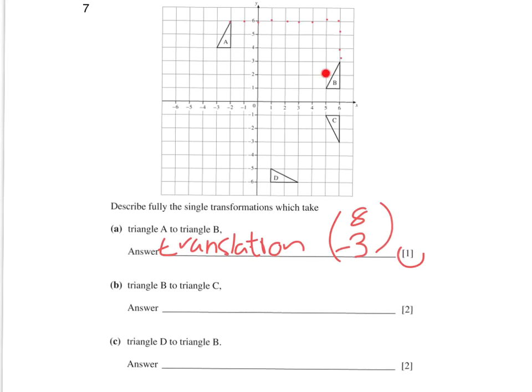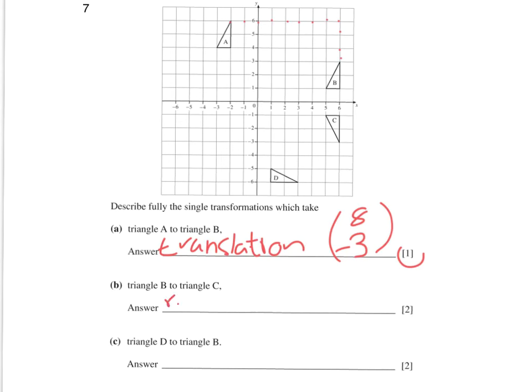Looking at B to C, again, hopefully you can see that this is a straight reflection. Mirror line will always be halfway in between, and it's quite easy to see this time that that's the x-axis. Now remember, the horizontal line is actually the opposite letter to its axis.